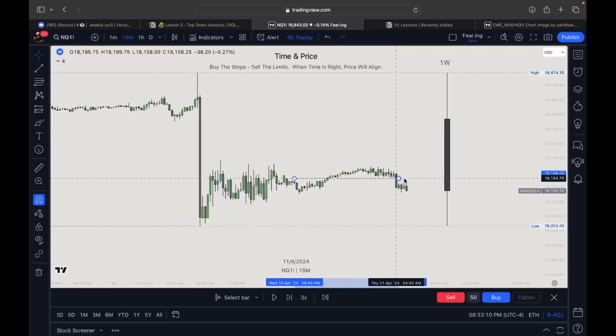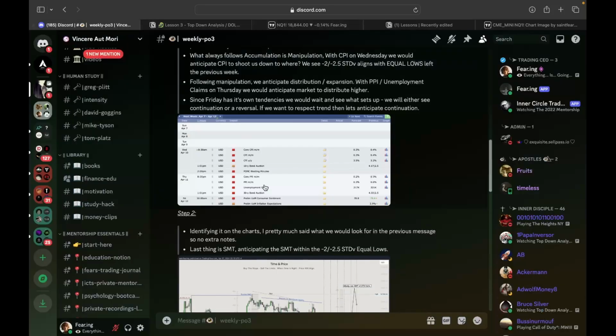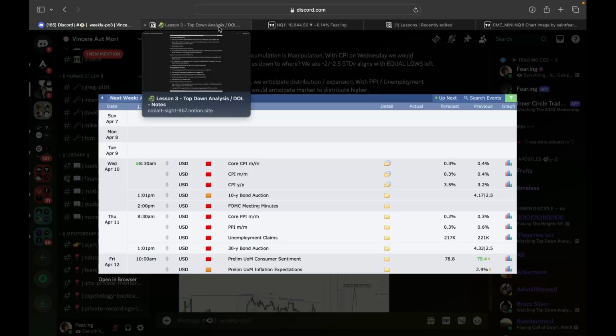So quickly before we move anything else, let's reference. Okay, so with our daily power 3, we can think very basically. We usually anticipate Asian accumulation, London manipulation, New York distribution.